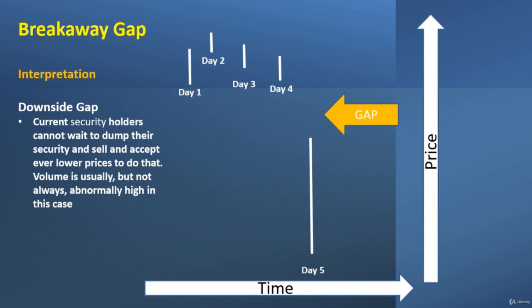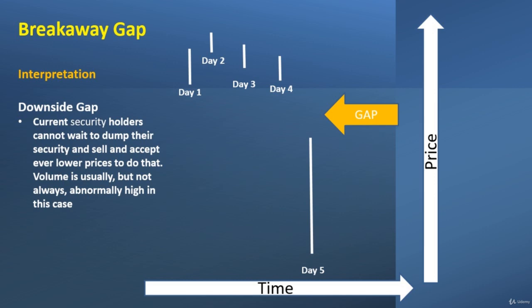The other way of looking at a breakaway gap, of course, is a downside gap. And what that means is that current security holders want to get out of it. They want to dump this security and sell it, and they're even willing to accept lower prices to do that. They're willing to go even lower than the low of the range the previous day. They just want out. And volume, again, is usually, but not always, abnormally high in this case as well.